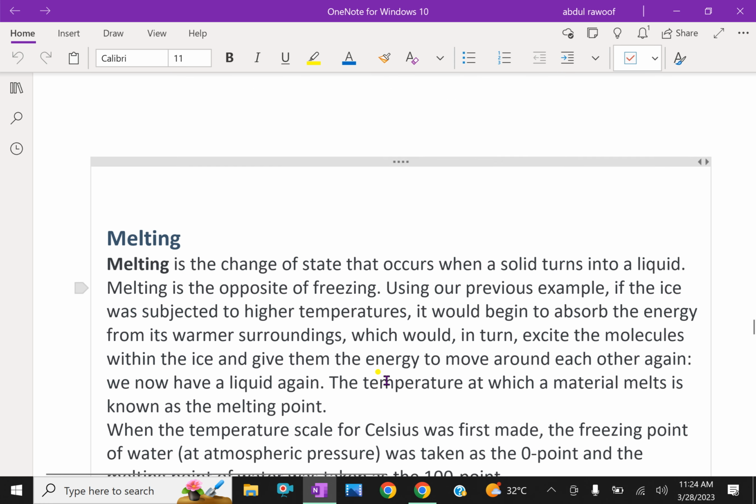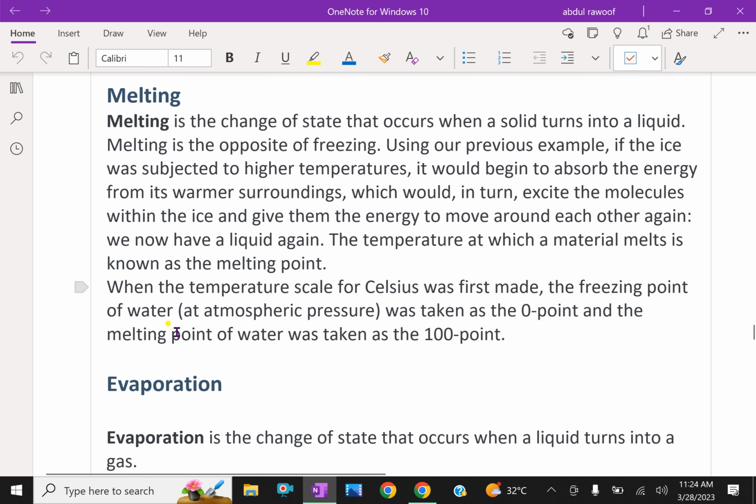We know that. Melting. Melting is the change of state that occurs when a solid turns into a liquid. Melting is the opposite of freezing. Using our previous example, suppose the glass of water, which became ice, was subjected to higher temperature, it would begin to absorb energy from its warmer surroundings.